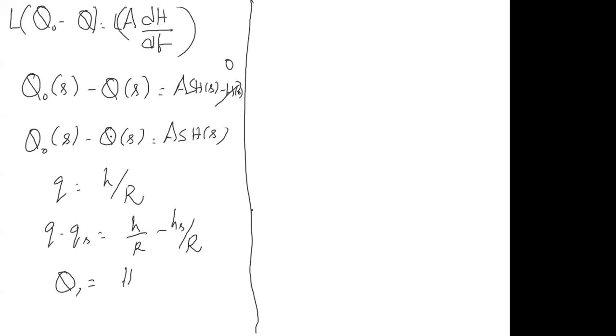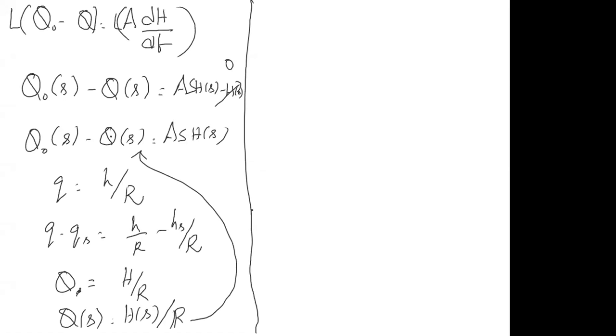Capital Q is nothing but capital H by R. So if we apply Laplace transform on both sides, Q of S is equal to H of S by R. So if we apply this here, Q naught of S minus H of S by R is equal to A into S into H of S.